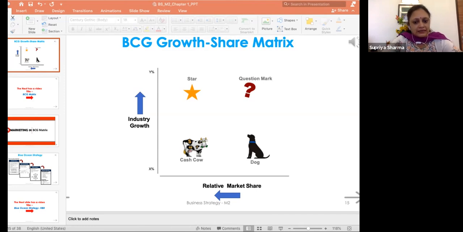Likewise, Dabur has its various kinds of SBUs. Basis these products, we decide the segmentation, the target market, we do the branding, we do the positioning. All that is done basis these SBUs.